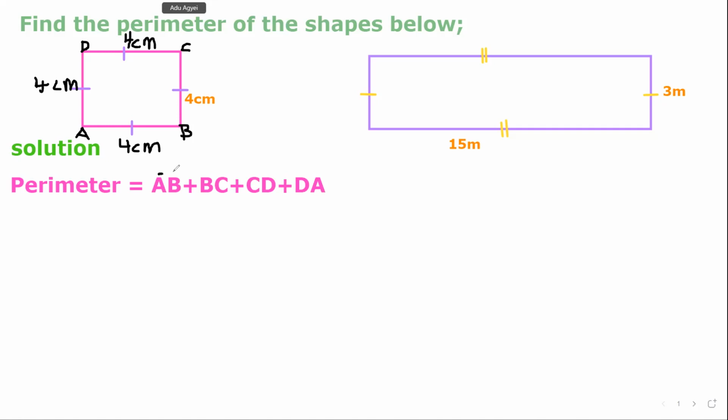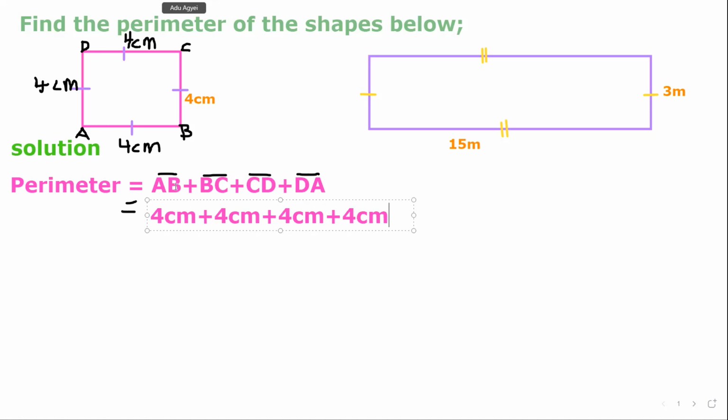So here is line AB, plus line BC, plus line CD, plus DA. Are you okay now? Good. Now you do your substitution. Line AB, which is 4 centimeters, plus another 4 centimeters, plus another 4 centimeters, plus another 4 centimeters.